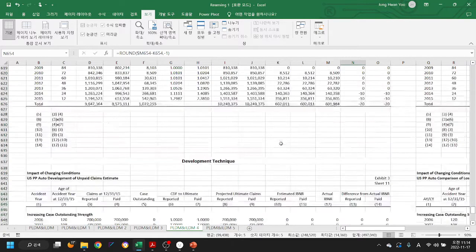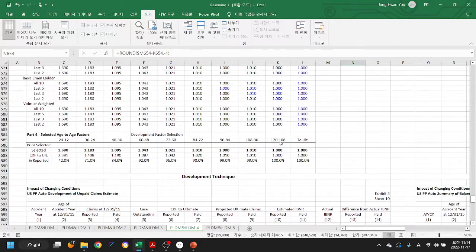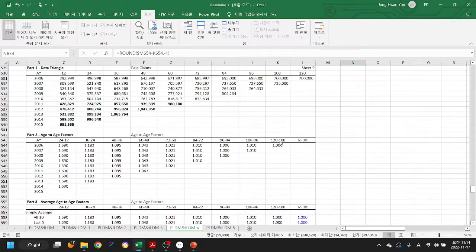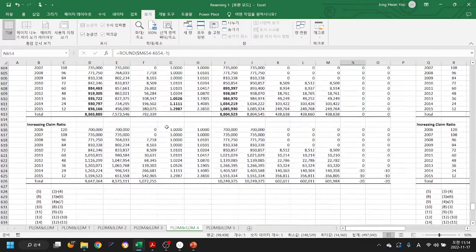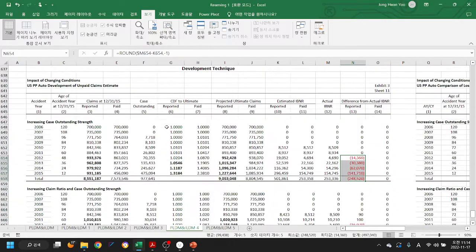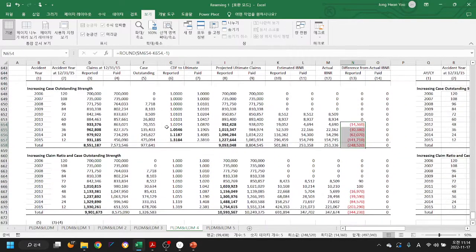And also we can apply both, let's say increasing claim ratio and strengthening case outstanding at the same time. We can just combine those two triangles up there. You can have a look at it.